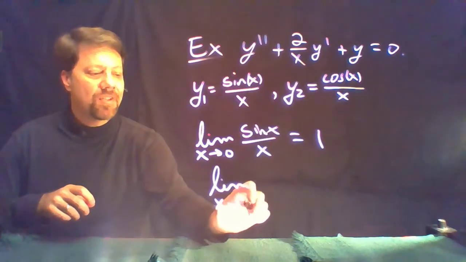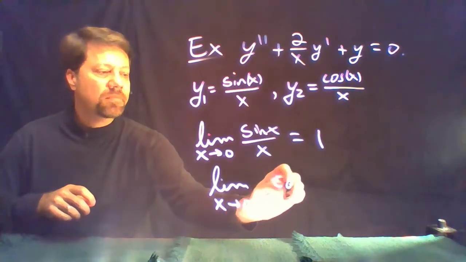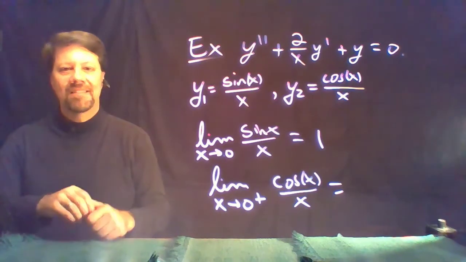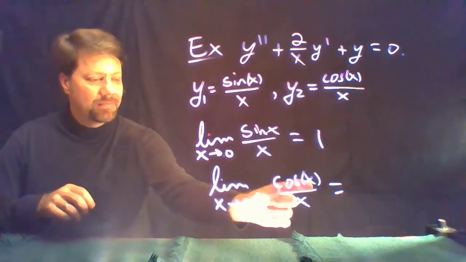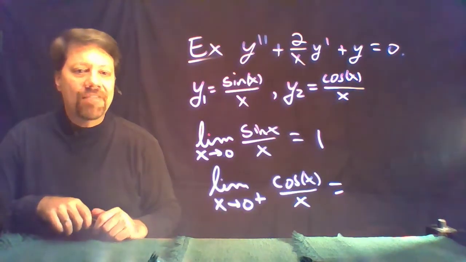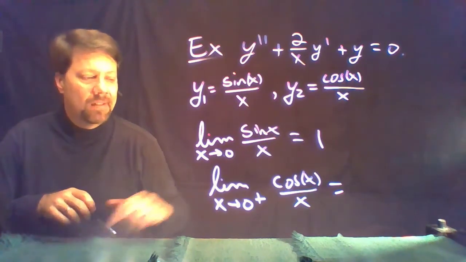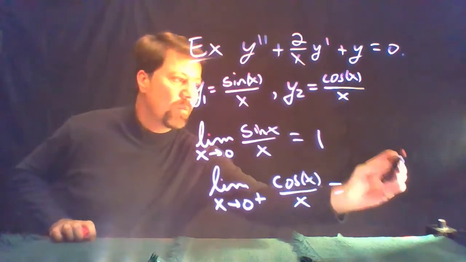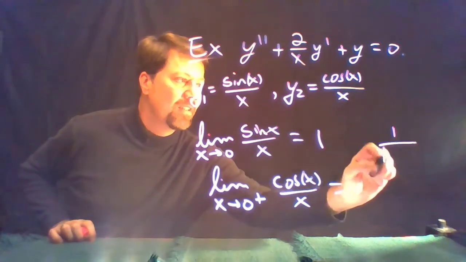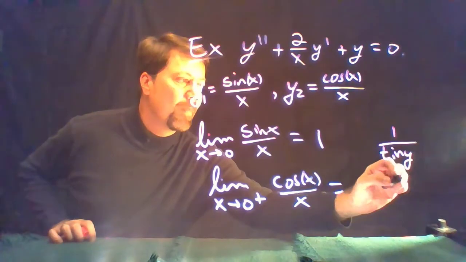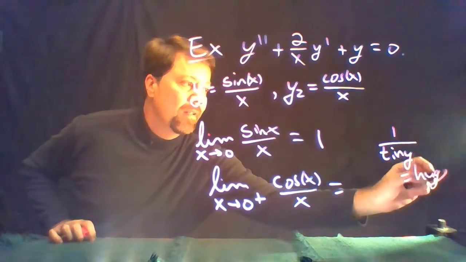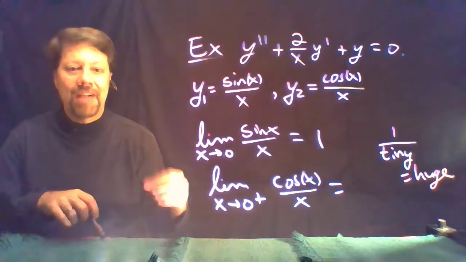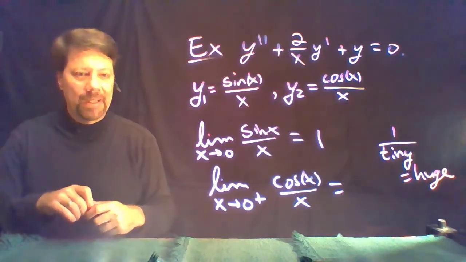But if you try the same process, let's take the limit as x goes to 0 from the right of cosine x over x. What do you get? The top tends to 1 because the cosine of 0 is 1, but the bottom is getting tinier and tinier. And one very important principle in mathematics is that 1 over tiny is huge. When you divide by tinier and tinier numbers, the fraction becomes bigger and bigger.